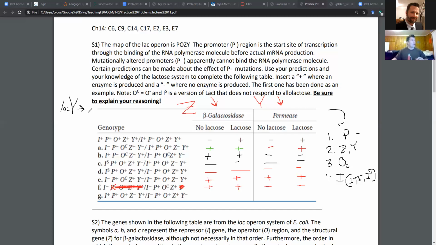Well, that protein product is permease. Let's not try and write it like that. Let's actually do a text box. Let's see if we can get it to fit. If I put it over here, can you see? Right, so the gene LacY is permease. And the gene LacZ is beta galactosidase.